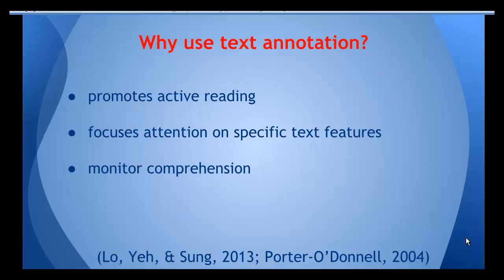When students annotate a text, they critically examine it, and that provides a window into their thinking. Annotations can also be shared with others in order to compare and contrast your understanding of a particular text.